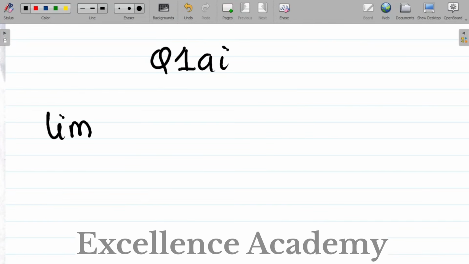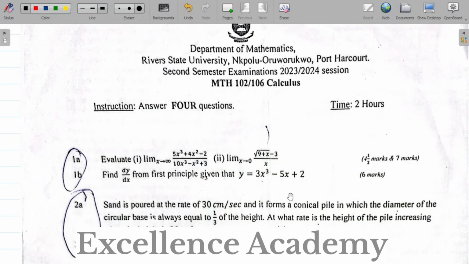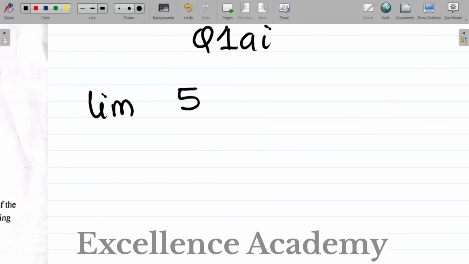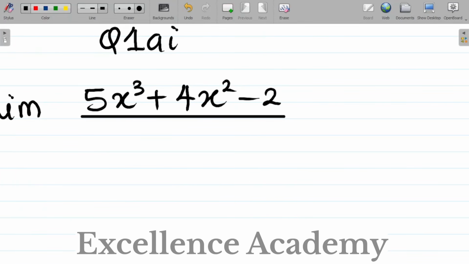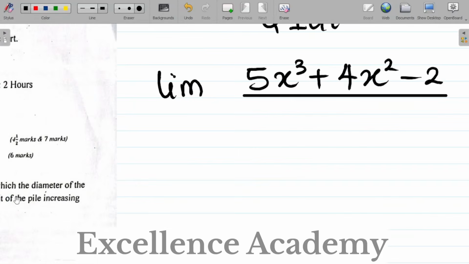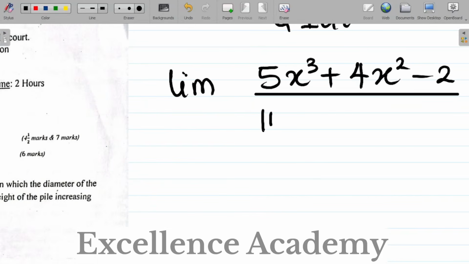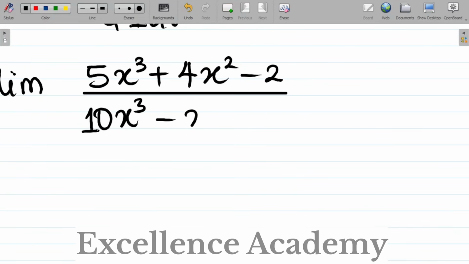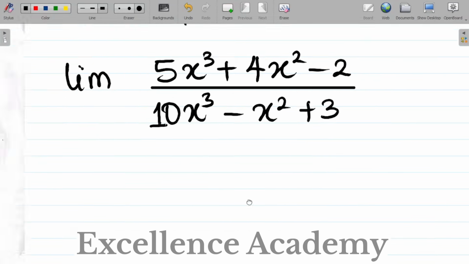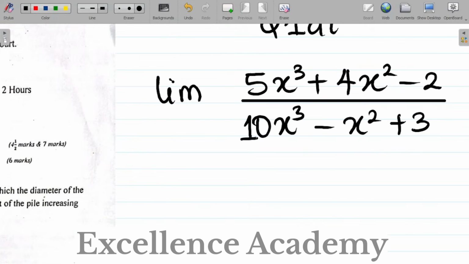So the limit of 5x cubed plus 4x squared minus 2, all divided by 10x cubed minus x squared plus 3, as x approaches infinity.